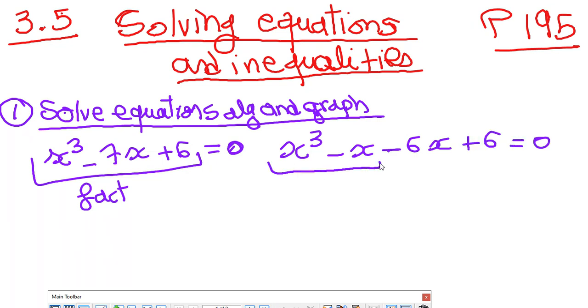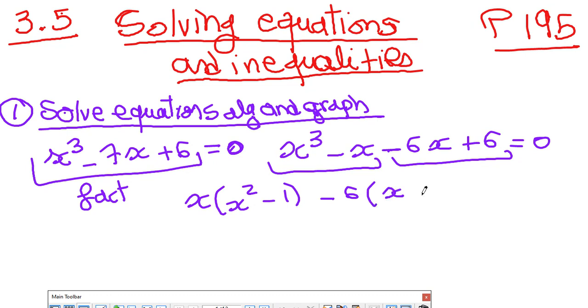So I will factorize by grouping. What is the common factor between x cubed and minus x? It's x, factor of x squared minus 1. And here I have minus 6, factor of x minus 1, is equal to 0.